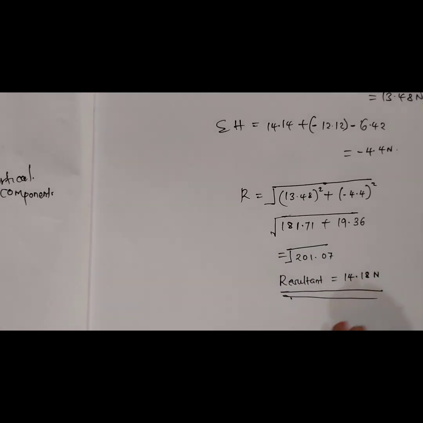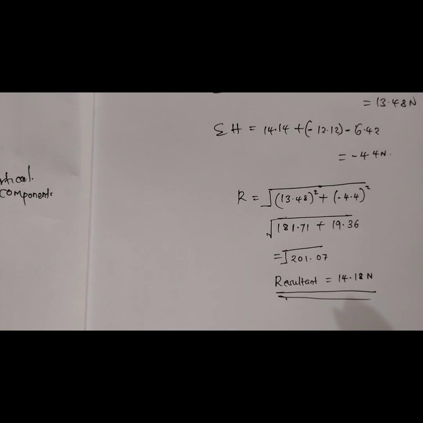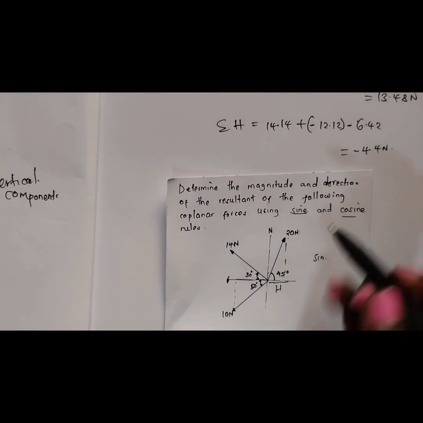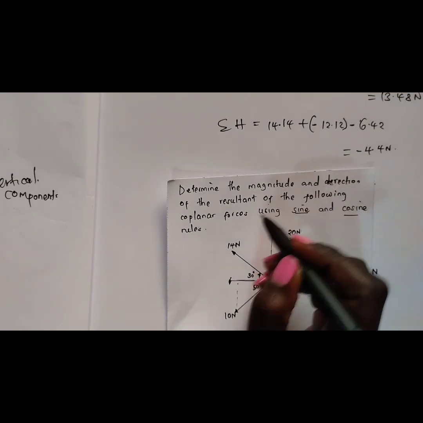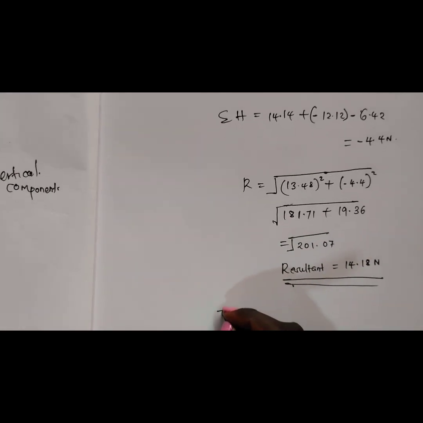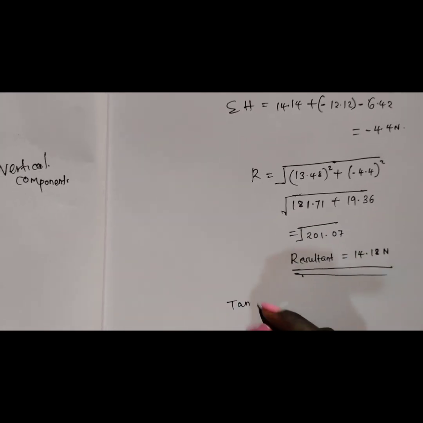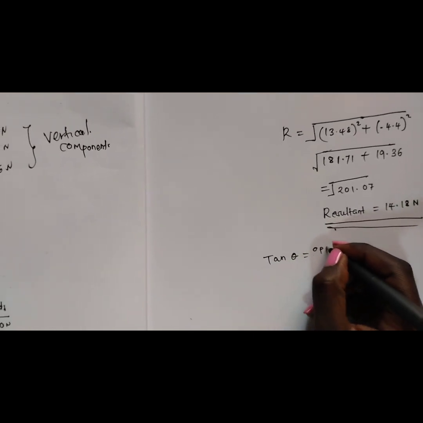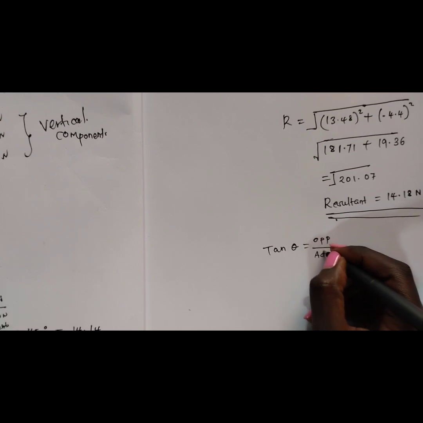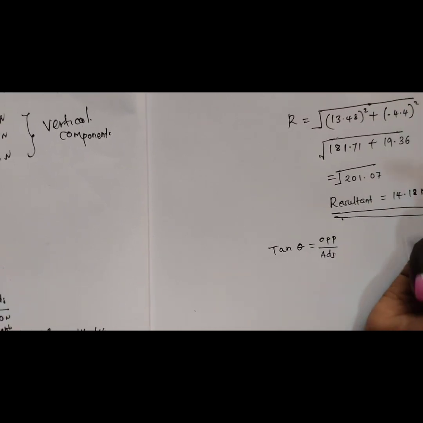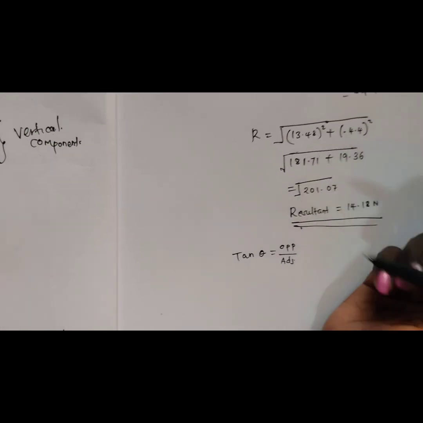Now we are not done yet. The question required us to get the magnitude and direction. For direction, remember we've used the sine, cosine, and we are now going to use the tan. The tangent of an angle is given by opposite divided by adjacent. Let's look at how these angles would look in a diagram.